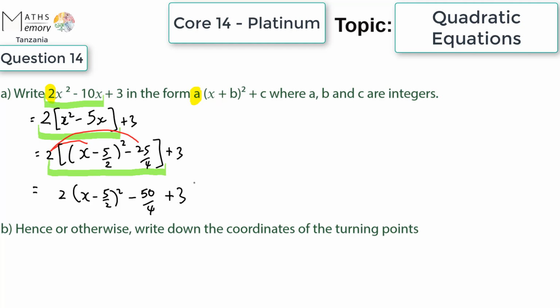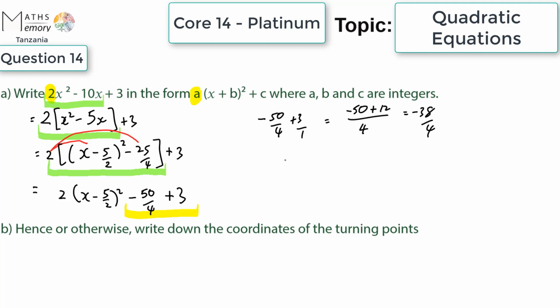So the square brackets go. Now we want to obviously get a nice number after this. We want to get a nice number like we did before to simplify these two. So we're going to look at this and say to ourselves minus 50 over 4 plus 3 over 1. So this should give us a big common denominator of 4: minus 50 plus 12, which is minus 38 over 4.